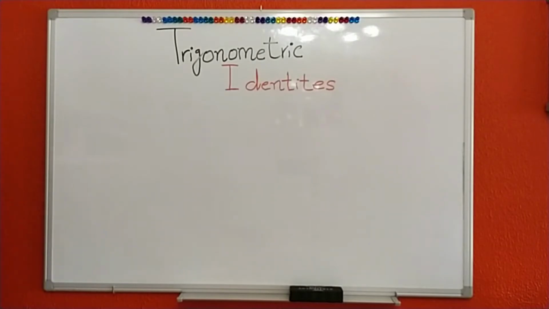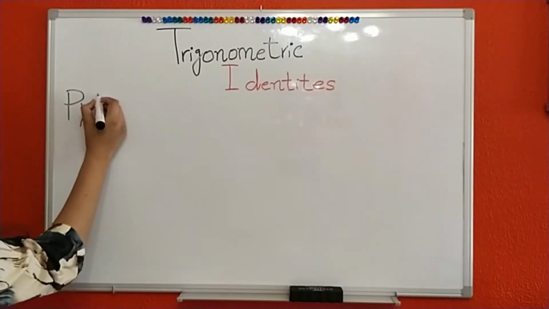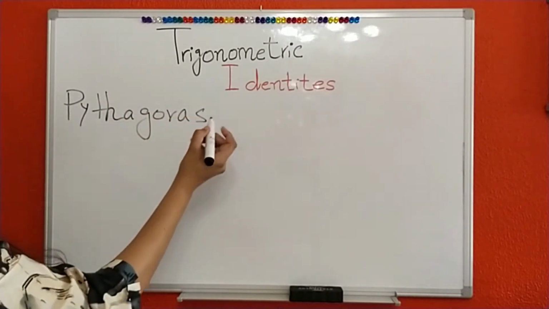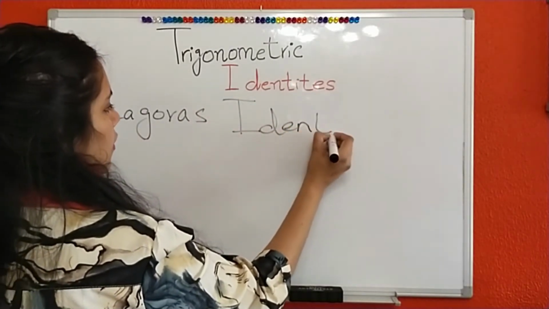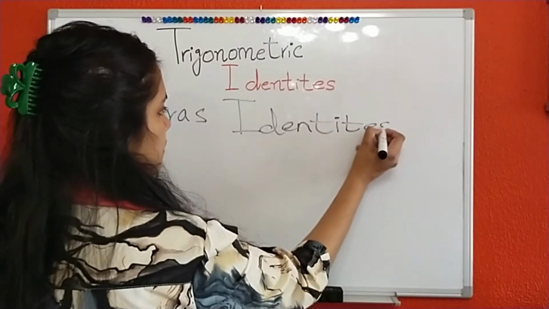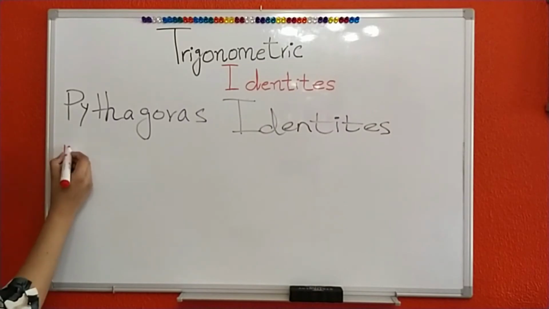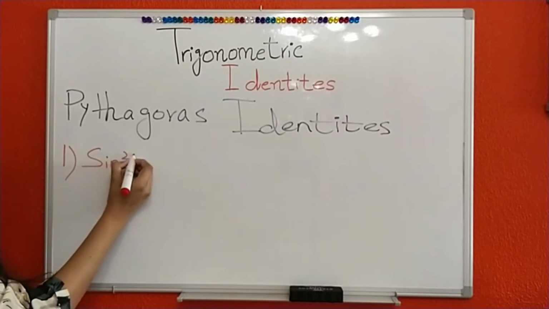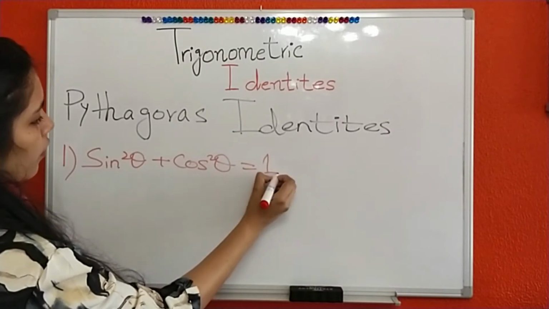Now the third identity we will use in our today's proof questions is the Pythagoras identity. So what are these? First of all, the very basic and easy formula, which is sin square theta plus cos square theta is always equal to 1.